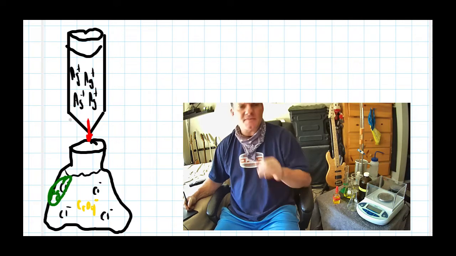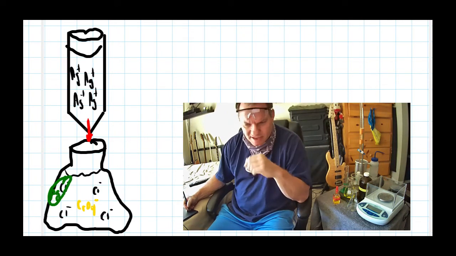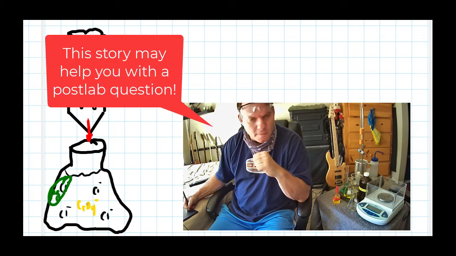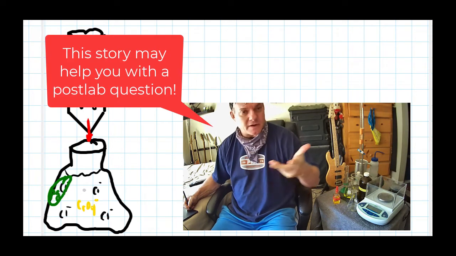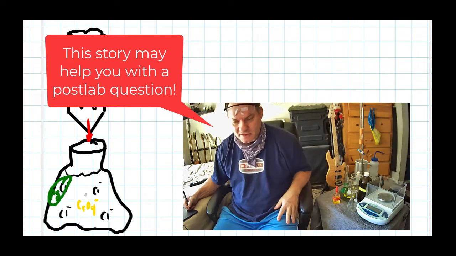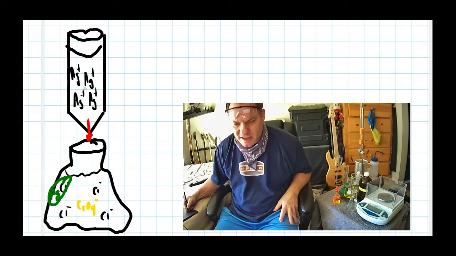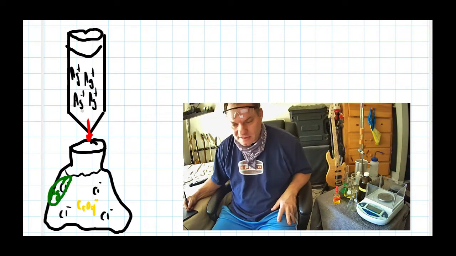It kind of reminds me of when I was your age at high school dances. I was a lot like the chromate ion. So my friends were chloride ions. I was the chromate ion. We'd go to the dance, and the girls, who were the silver ions, would start showing up. And they'd walk in, they'd look around the room, and they'd say, oh, can I dance with you? And one of my friends would go off and dance away.